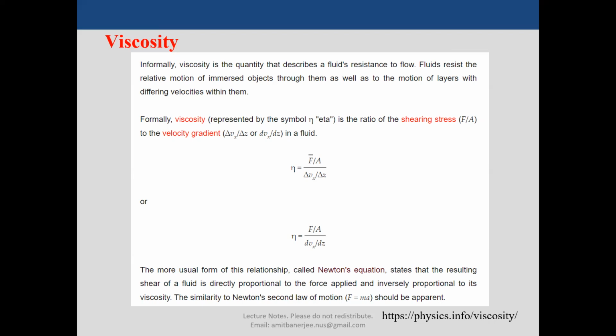It is the ratio of the shearing stress, that is F by A, to the velocity gradient, which could be delta x by delta z or dvx by dz. So viscosity can be given by shear stress divided by velocity gradient.